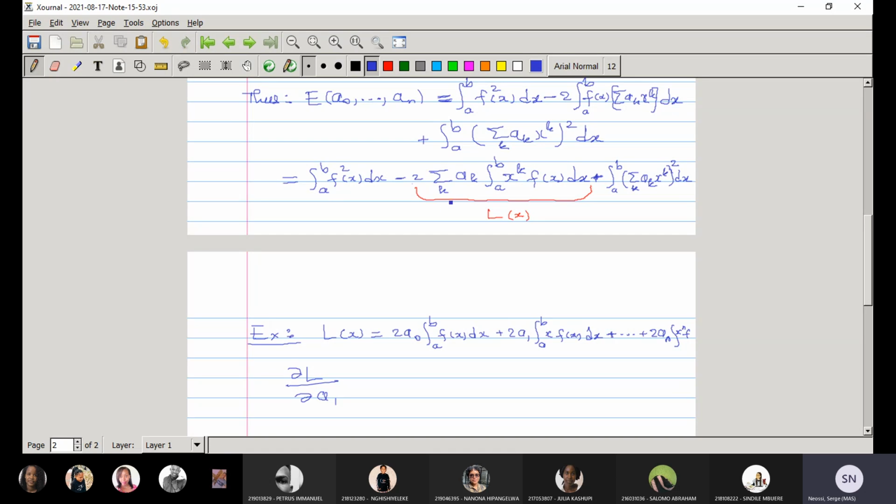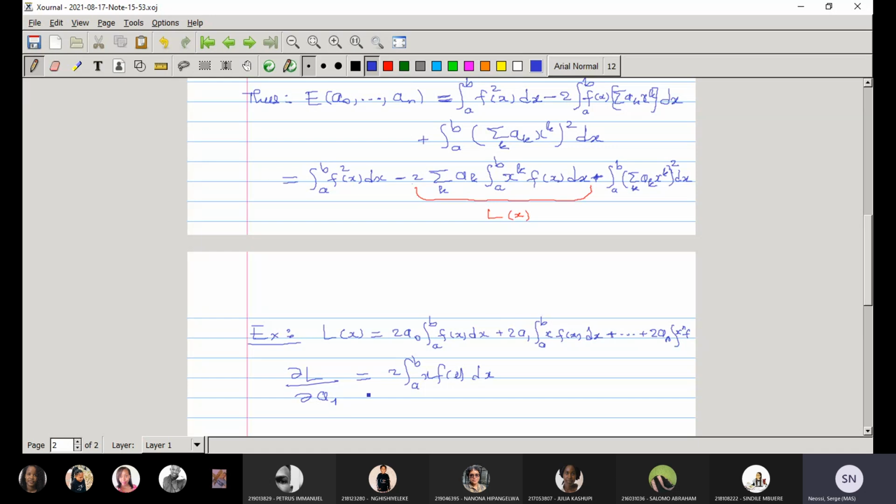But actually, if I want to differentiate with respect to one of the a, I have to fix the j between 0 and n, and I differentiate with respect to that j. For instance, if I want to differentiate with respect to a1, you can see that this is my a1, the coefficient, and these are the factors. So if I differentiate with respect to a1, it will give me 2 integral from a to b x f x dx.